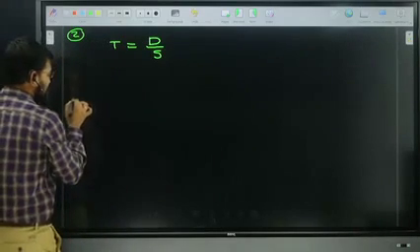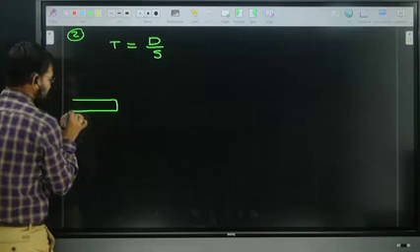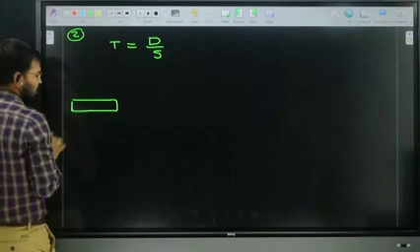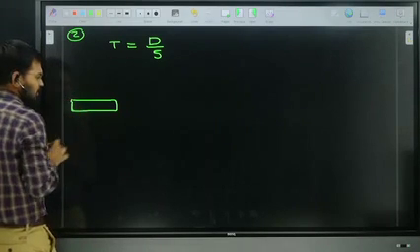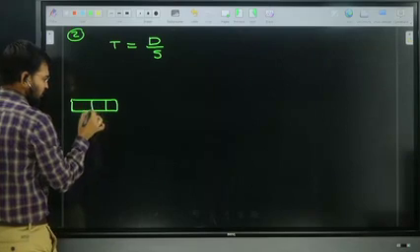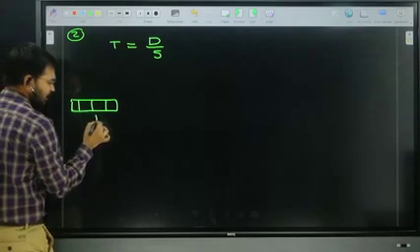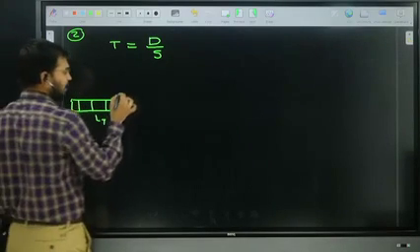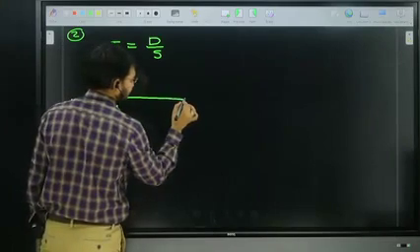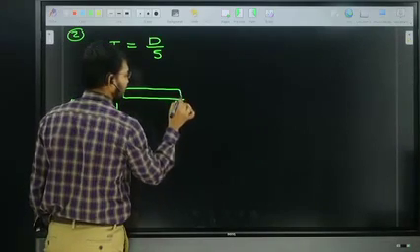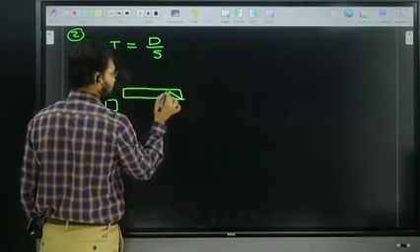Here, train crossing, say for example, this is a train. This is the length of the train. Train crossing a platform.